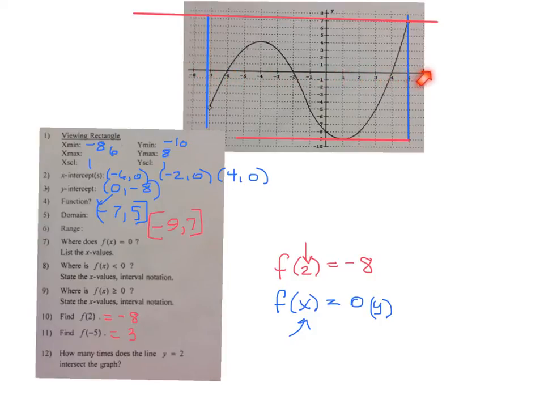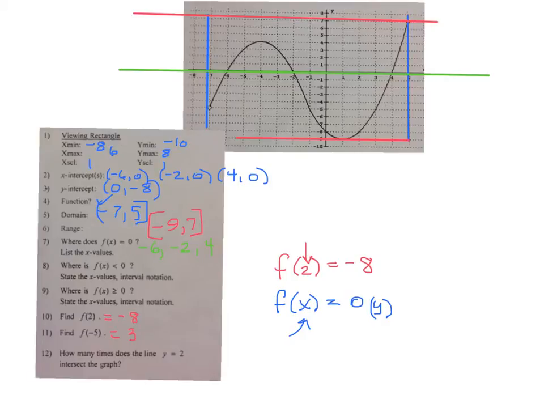The equation of a line, y equals 0, is a horizontal line across 0. So this is the line y equals 0. And I can see that y equals 0 at -6, at -2, and at 4.